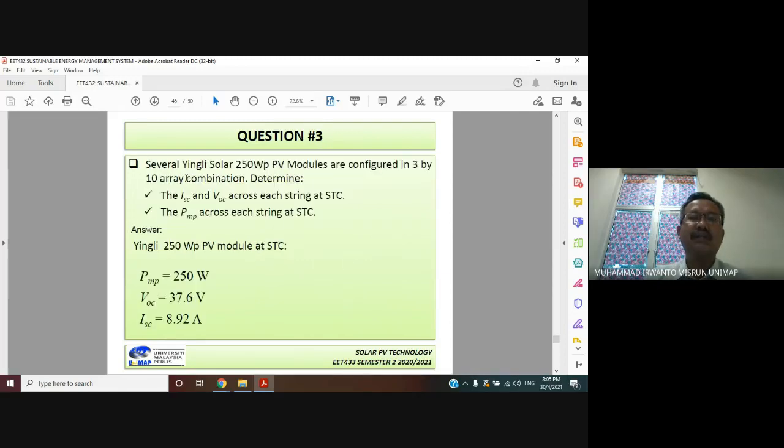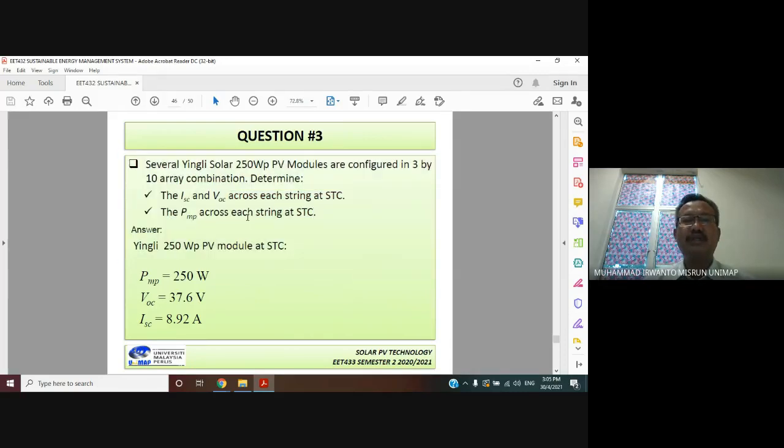Question 3. Several Yingli Solar 250 watt modules are configured in a 3 by 10 array combination. Determine the short circuit current, open circuit voltage across each string at STC, and the maximum power across each string at STC.